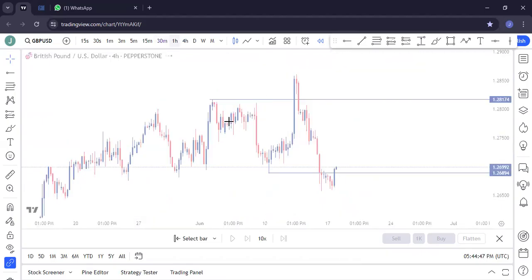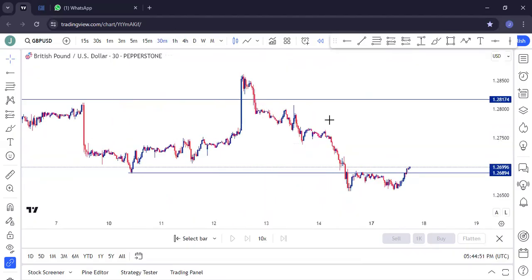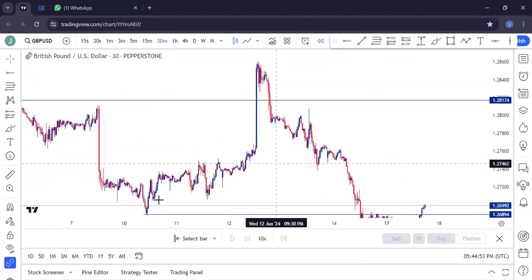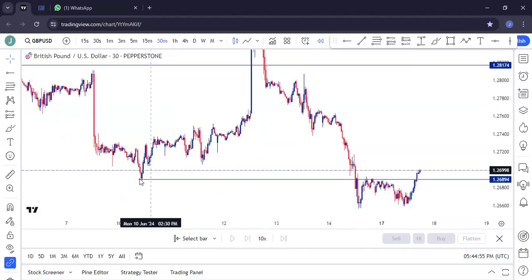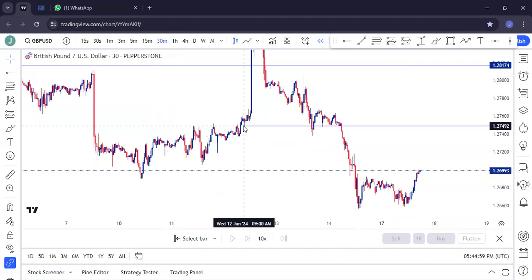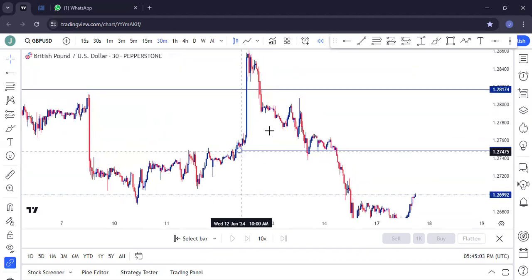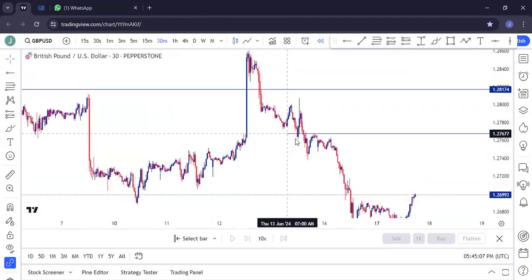So let's see the 30 minutes. If we had entry, it was not so clear. This was a change of character, and we had different formations.